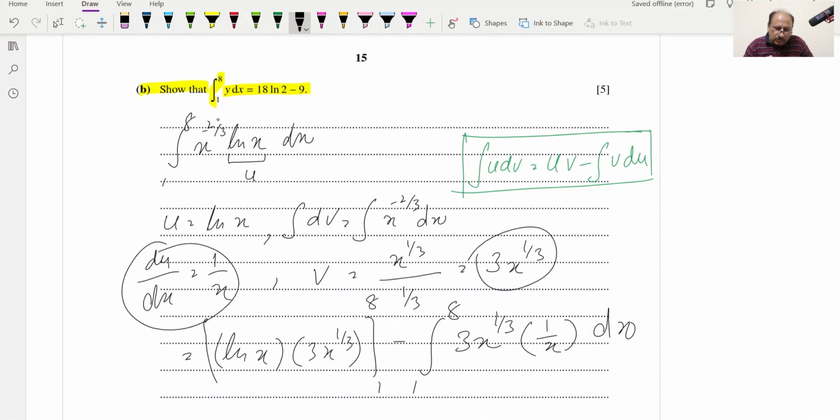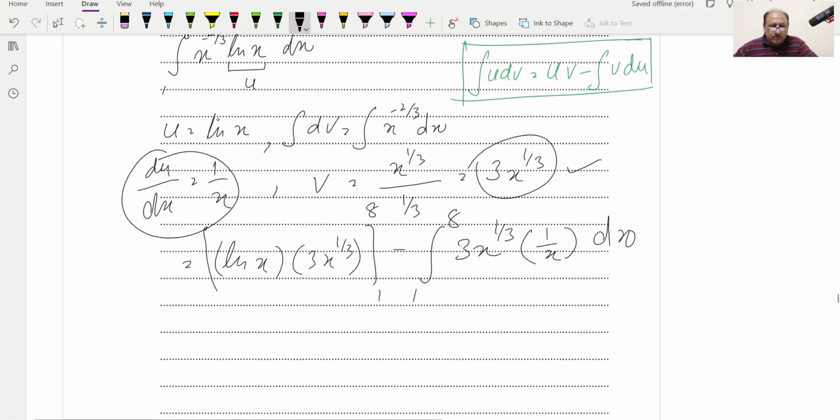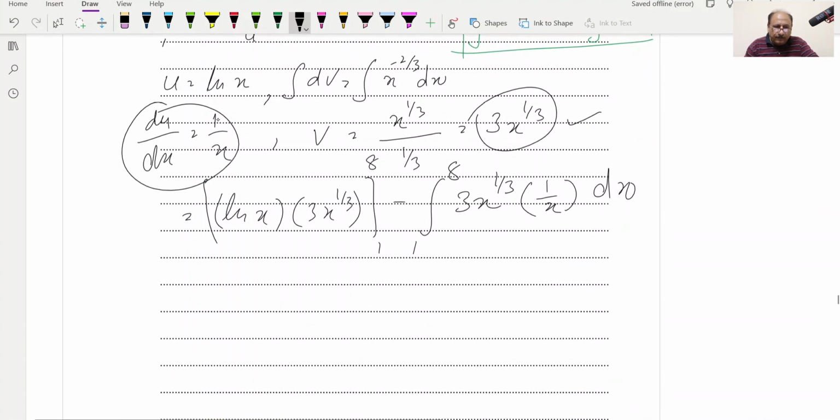We have used these two values, and now we can replace the upper limit. This will be what? Log of 8 and 3 times 8 raised to 1 by 3, so it will be 6 log 8, and minus log of 1 will be 0, so this term will be 0.